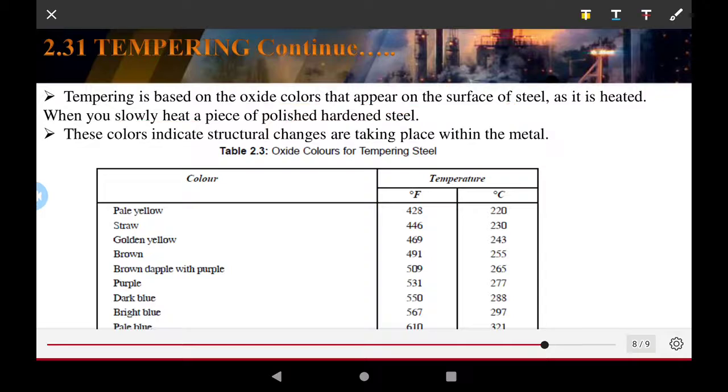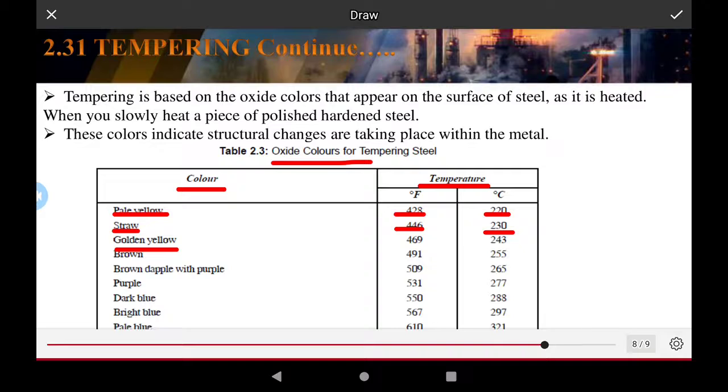Oxide colors for tempering steel and their temperatures: pale yellow at 428 Fahrenheit and 220 degrees Celsius, and straw color at 446 Fahrenheit and 230 degrees Celsius.